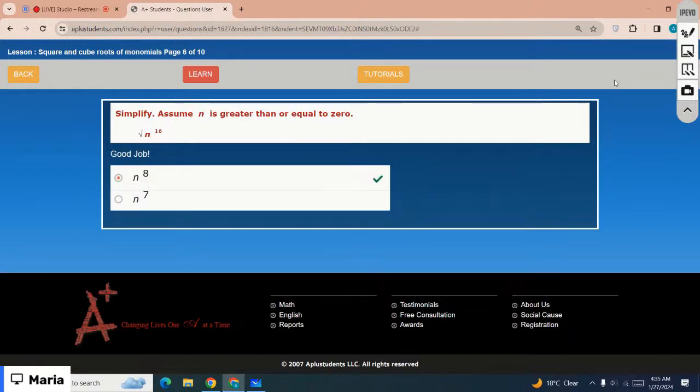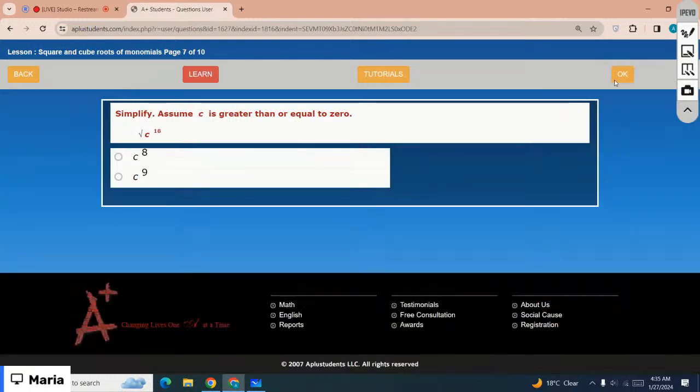Okay, the next one is simplify square root of c exponent 18, which is the correct option?